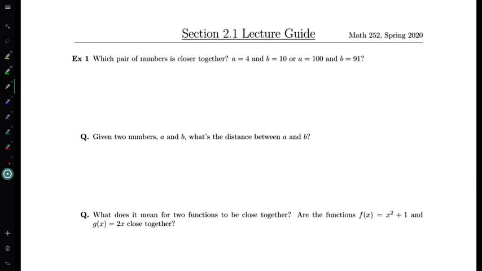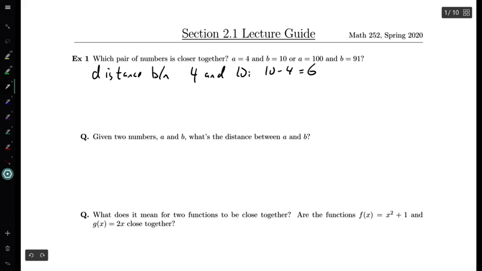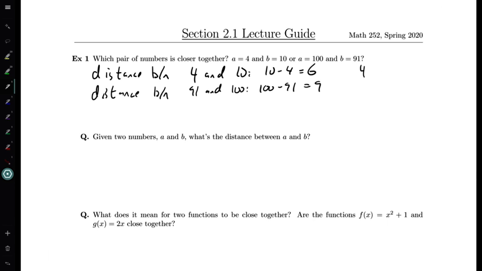So the distance between 4 and 10 would be 10 minus 4, which equals 6. And the distance between 91 and 100 is 100 minus 91, which is 9. So we see that 4 and 10 are closer together.